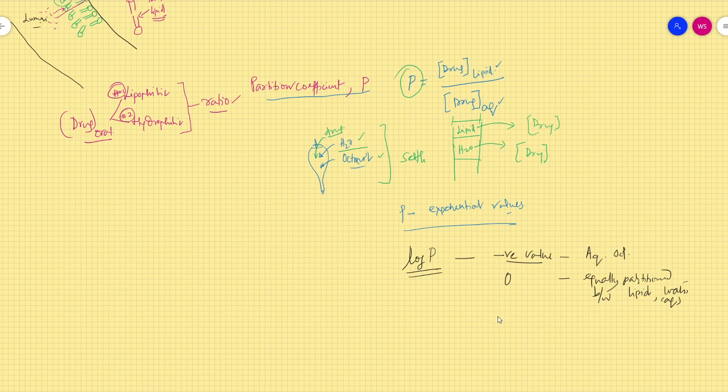Okay, and if it's positive, then it would mean that it is more lipid soluble. Okay, so it's a ratio. So we are talking in relative terms. Okay, so it's more lipid soluble. All right. Okay.